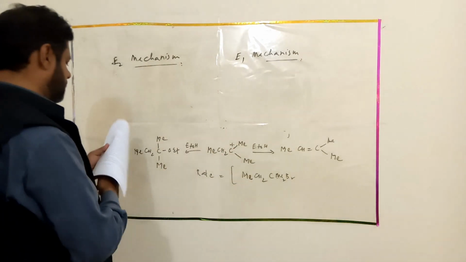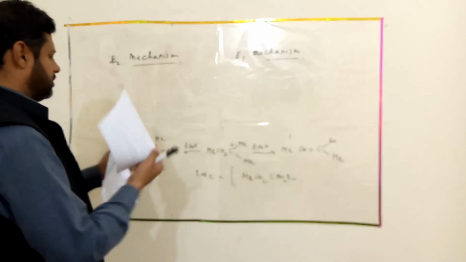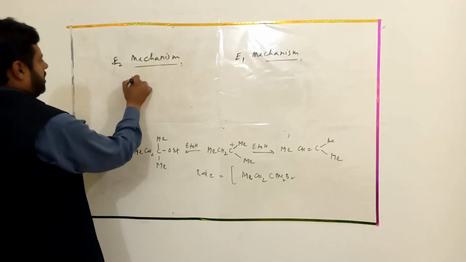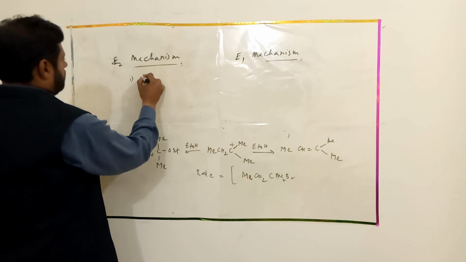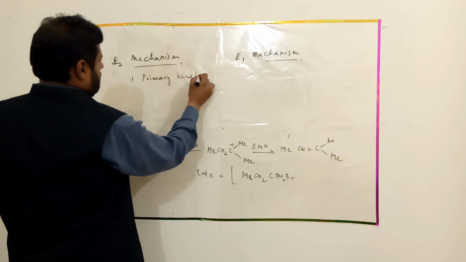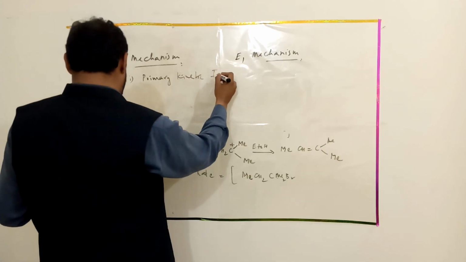The first method is called the primary kinetic isotopic effect.